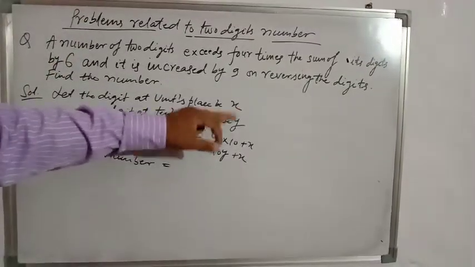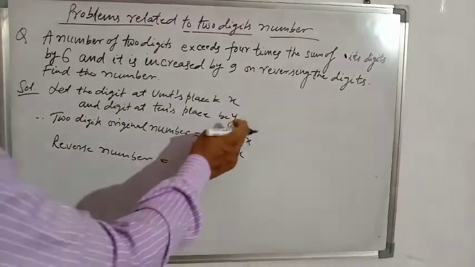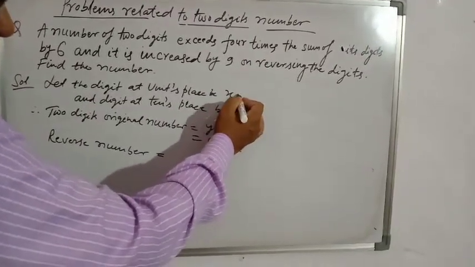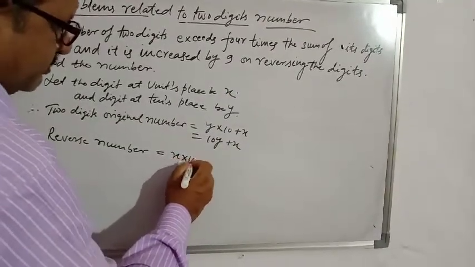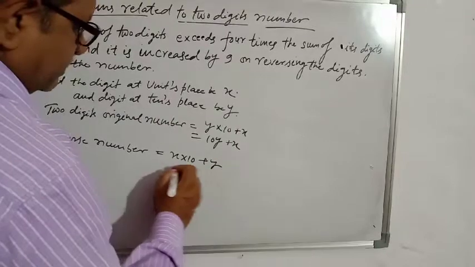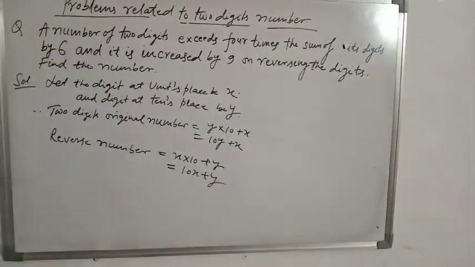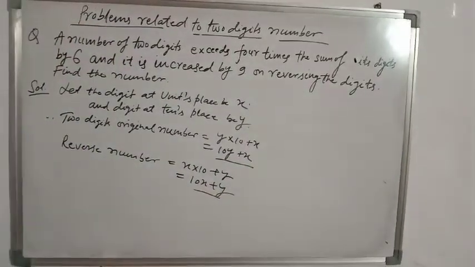When we interchange the digits, we get the reverse number. So when we interchange it, the unit digit will become y and the tens digit will become x. So we will multiply x into 10 plus y, 10x plus y. So this is the original number, and this one is the reverse number.